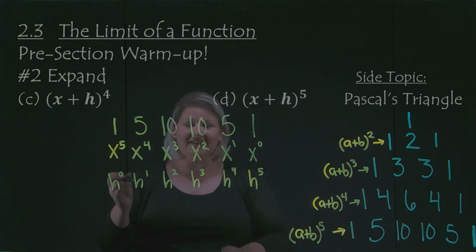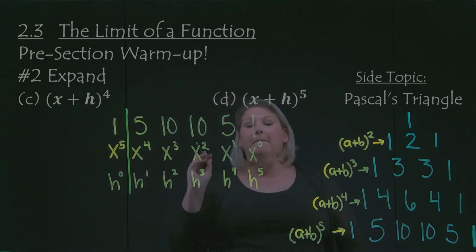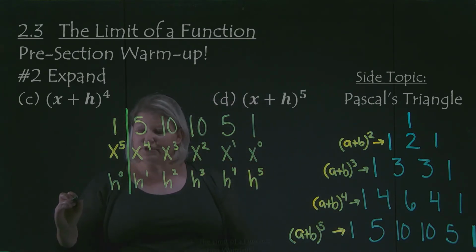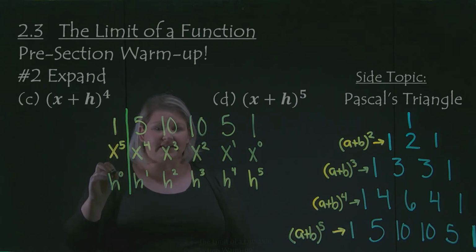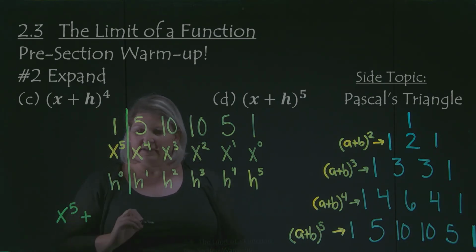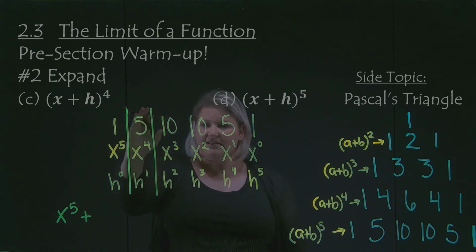Now, you ready? Okay, this is going to be my first column, and that's going to give me my first term. So 1 times x to the 5 times h to the 0 is x to the 5. And I'm going to add to that what I multiply here in the second column.